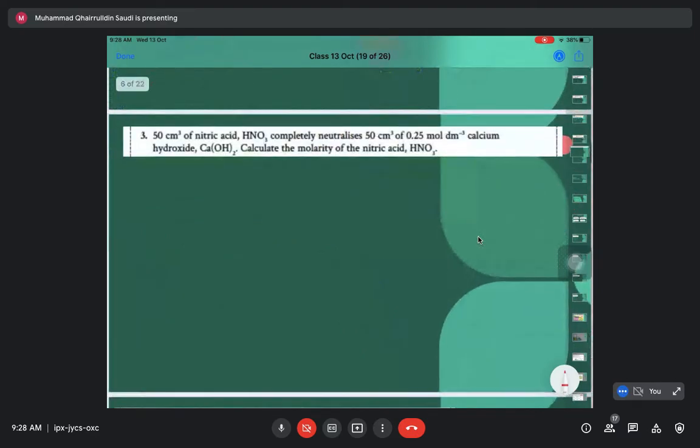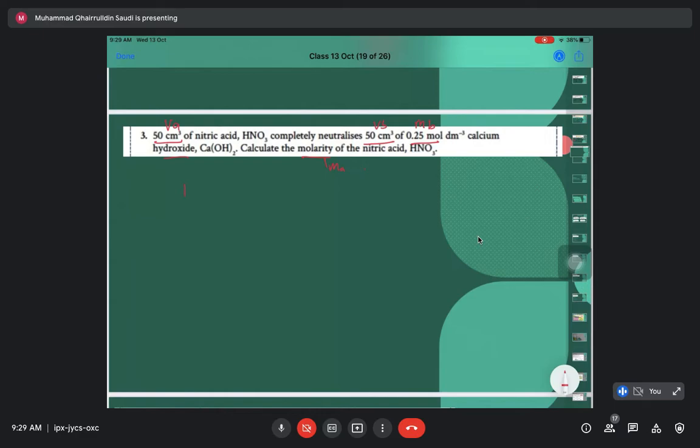Number 3. centimeter cube of nitric acid. So this is Va. Completely neutralized 50 centimeter cube Vb of 0.25 M calcium hydroxide. Calculate the molarity Ma. Again, you must do the chemical equation by yourself.